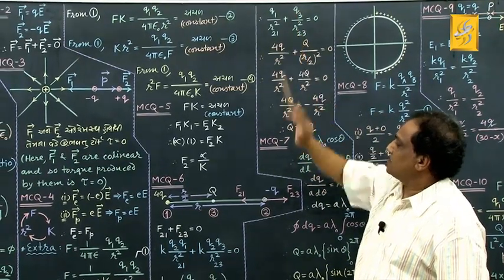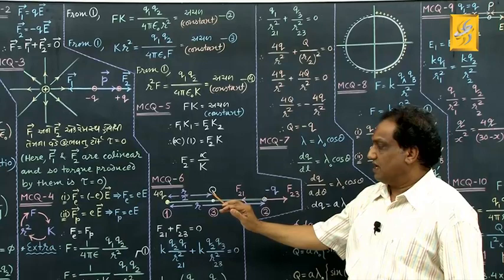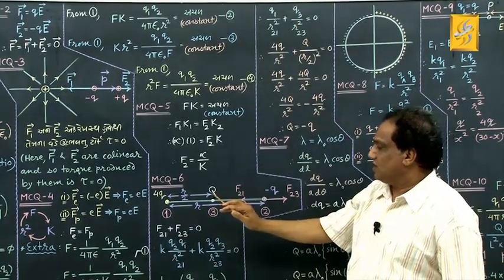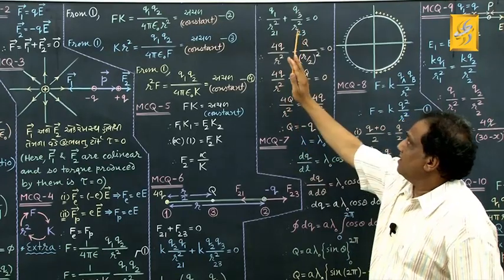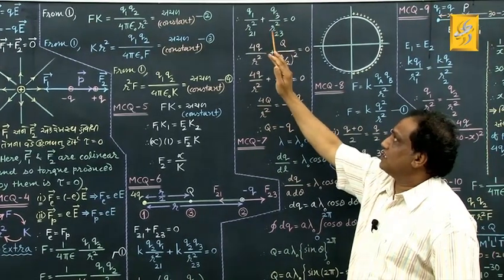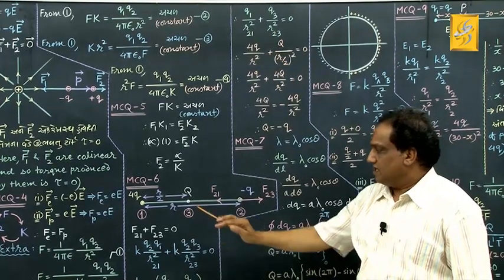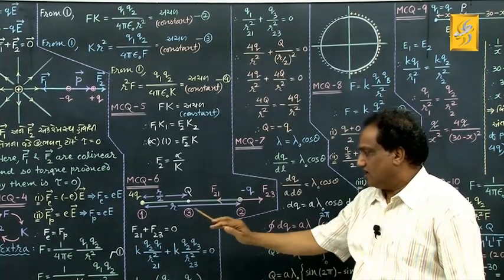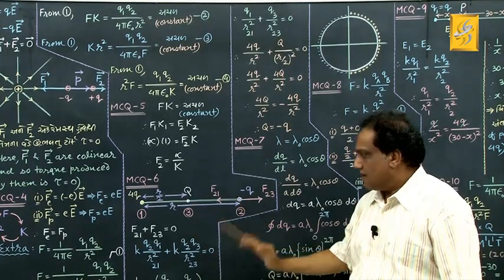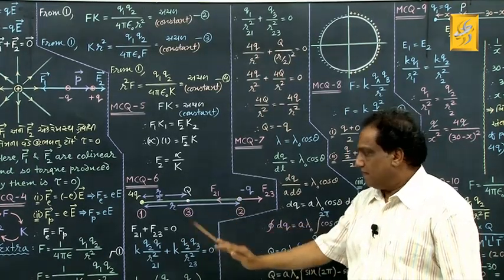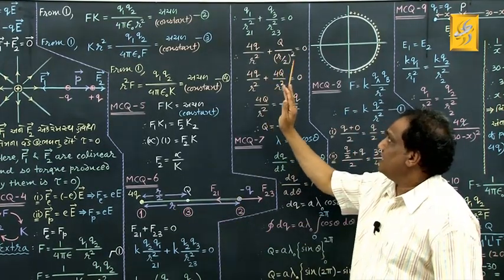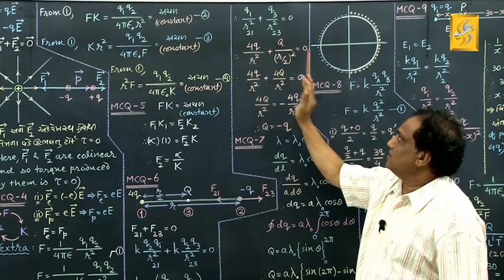Plus, the magnitude of the third charge I am taking as capital Q, divided by R23 square, the square of the distance between the second and third charge. Because this is the midpoint, this distance will be half of this, that is r by 2, squared, and that should be 0.